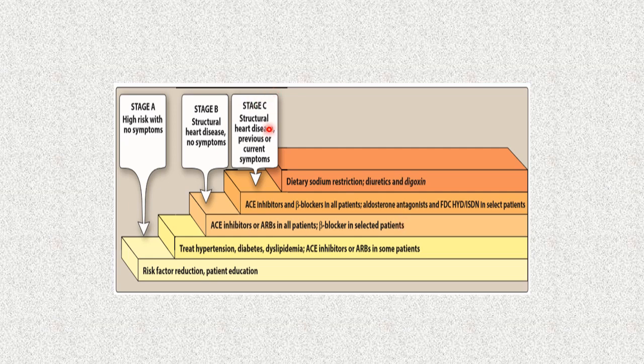Then is the stage C, in which the patient is also symptomatic. In those cases, we'll give the diuretics, we can give ACE inhibitors, beta blockers for chronic heart failure, we can give digoxin as well. So this is the approach of how to manage the patient.